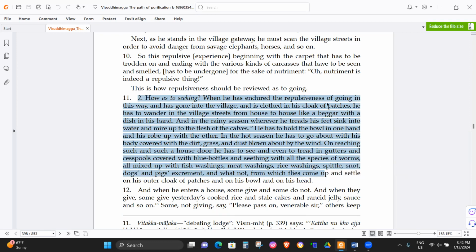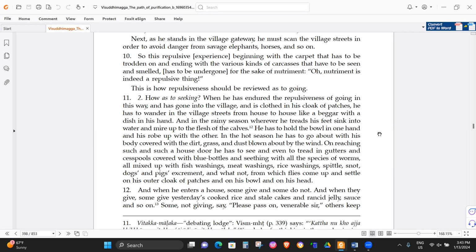How as to seeking: when he has endured the repulsiveness of going in this way, and has gone into the village, clothed in his cloak of patches, he has to wander in the village streets from house to house like a beggar with a dish in his hand. In the rainy season, wherever he treads, his feet sink into water and mud up to the flesh of the calves. He has to hold the bowl in one hand and his robe up with the other.